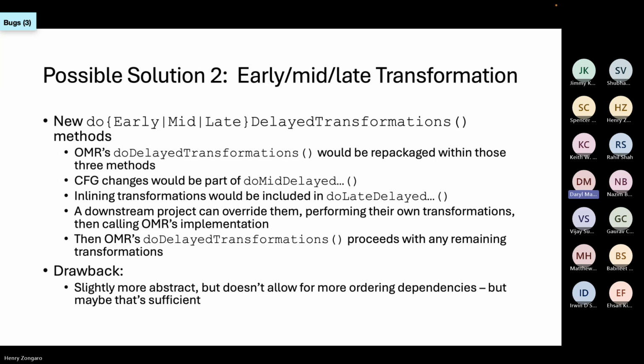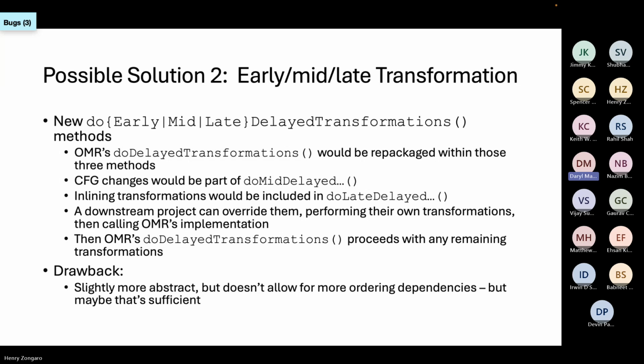A second possibility that I considered would be refining things a bit further, where we could abstractly divide the delayed transformations that VP needs to perform into early, mid, and late delayed transformations. The mid transformations could contain the CFG manipulation that I described.